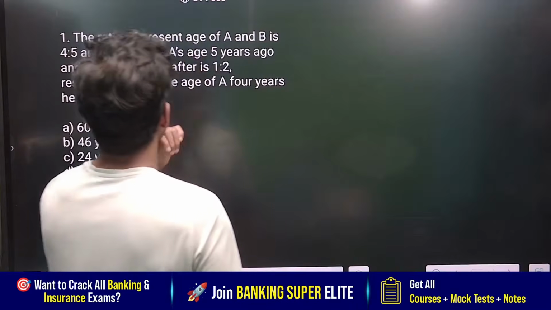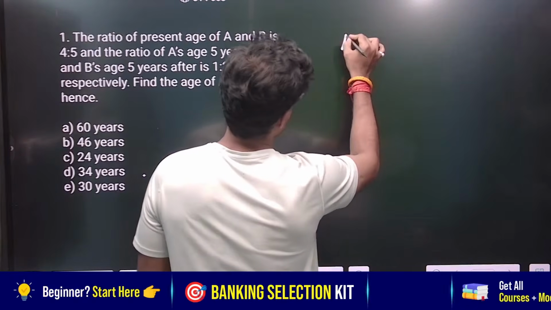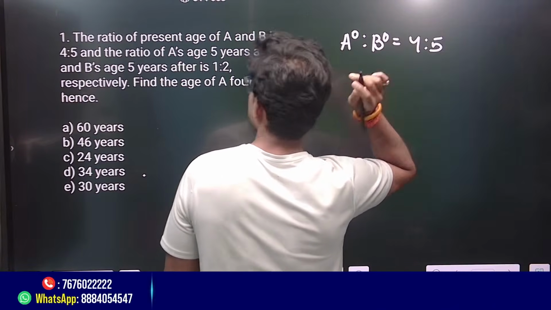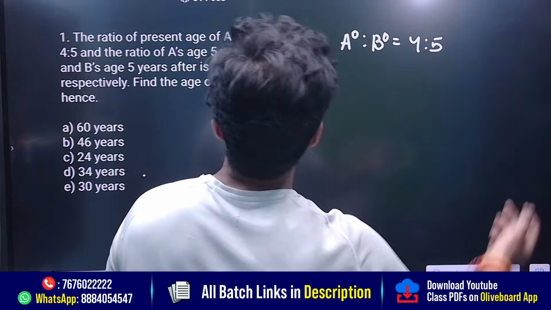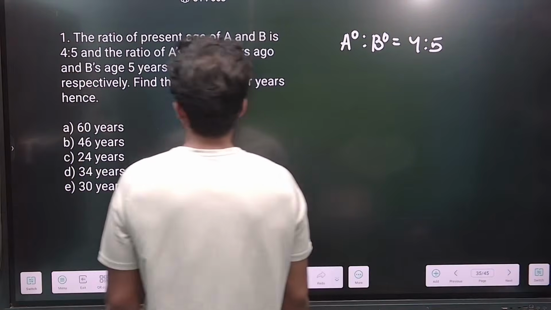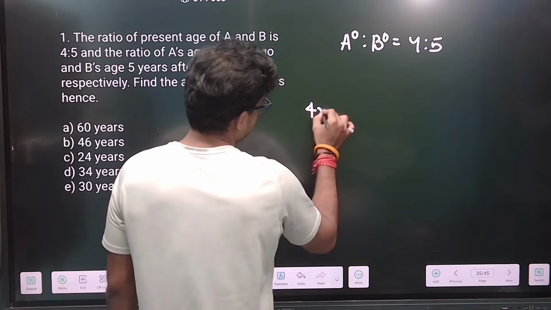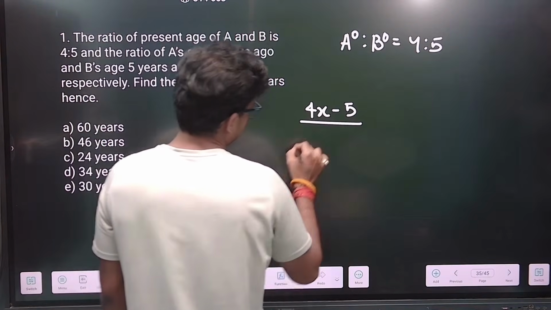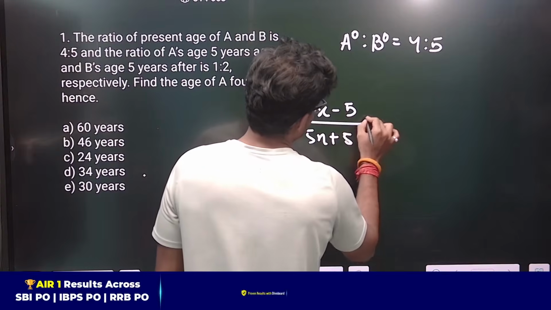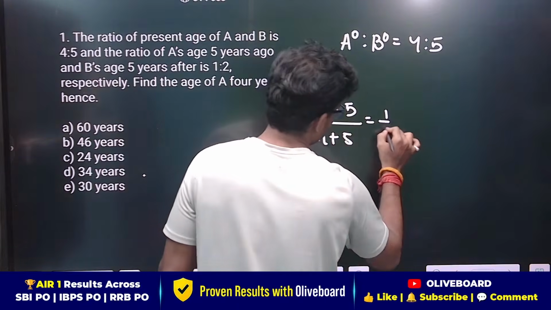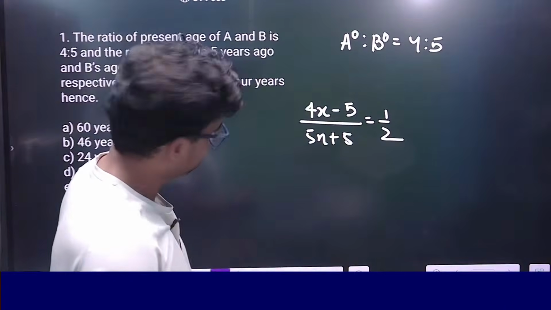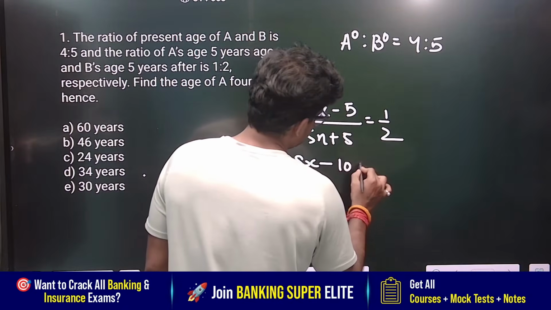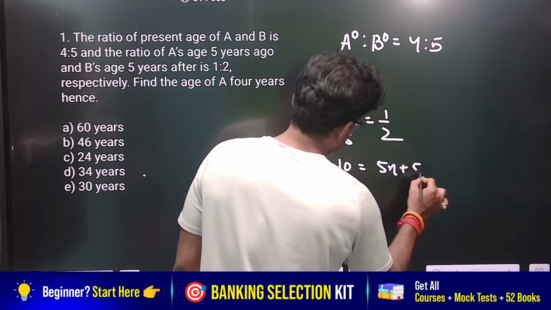The ratio of present age of A and B is 4:5. Present age of A is to B is basically 4:5, right? And the ratio of age 5 years ago and 5 years hence is 1/2. So 4x minus 5 for 5 years ago, and 5x plus 5 for 5 years hence, is equal to 1/2. The equation will be made in such a manner. So this would be 8x minus 10 equal to 5x plus 5.